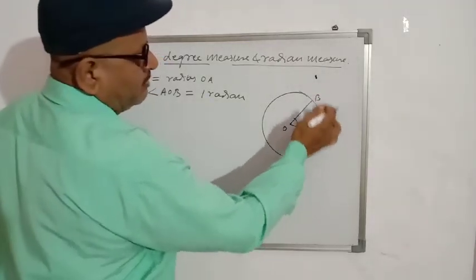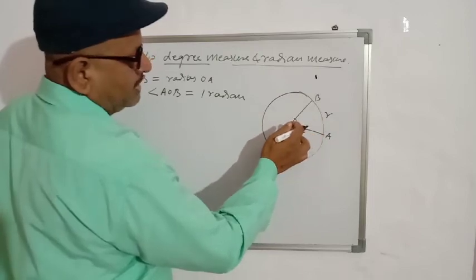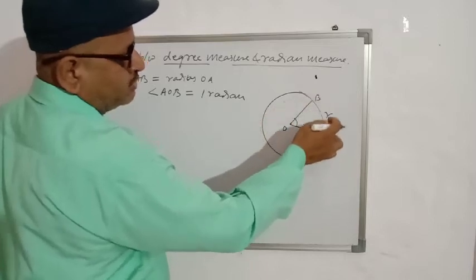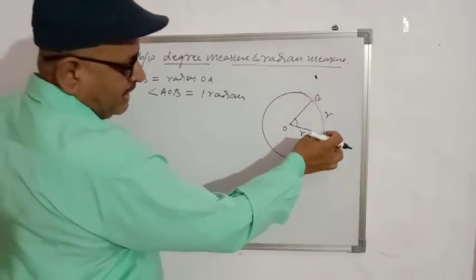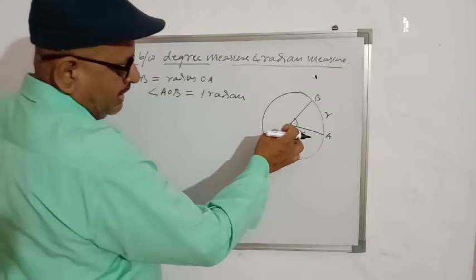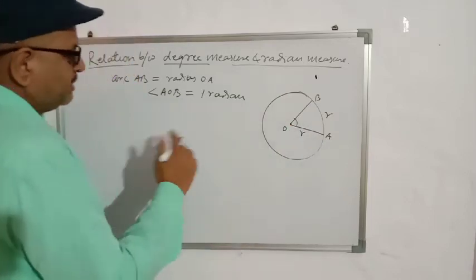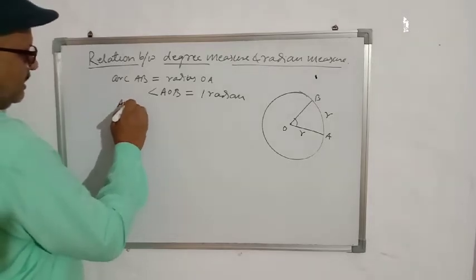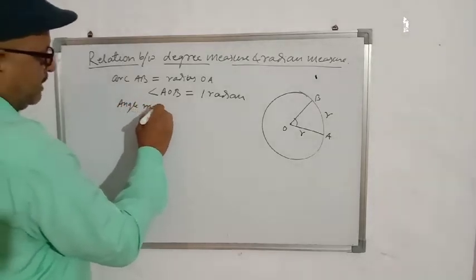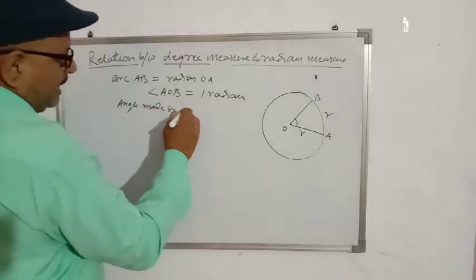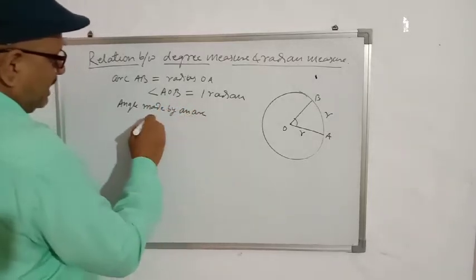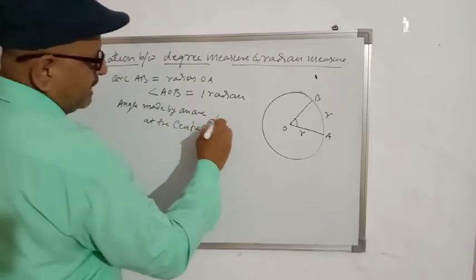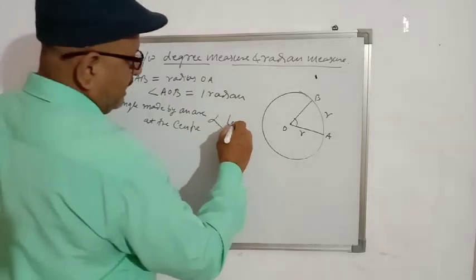If arc length will be more, greater angle will be formed at the center. Means angle at the center is directly proportional to the arc length. If arc length will be greater, angle made at the center will be greater. Since angle made by an arc at the center is directly proportional to length of the arc.